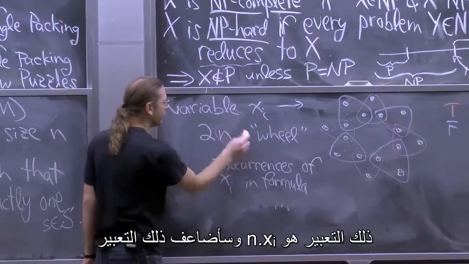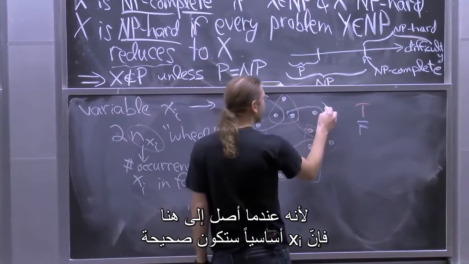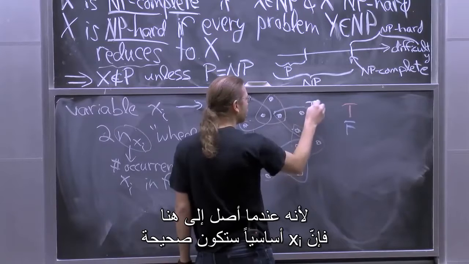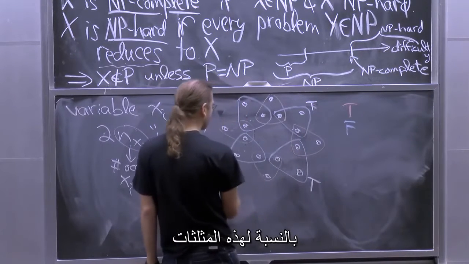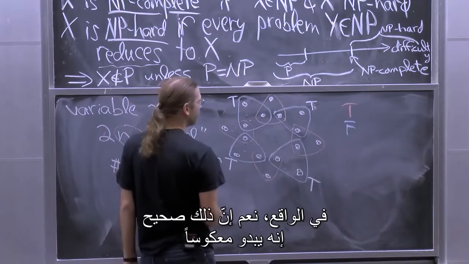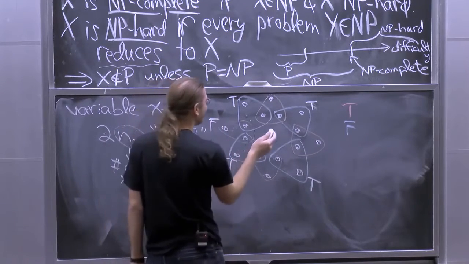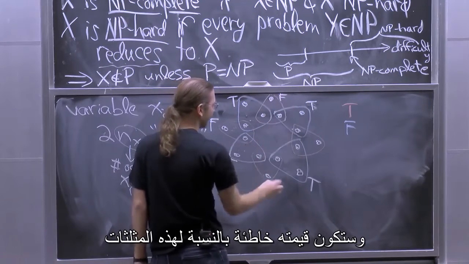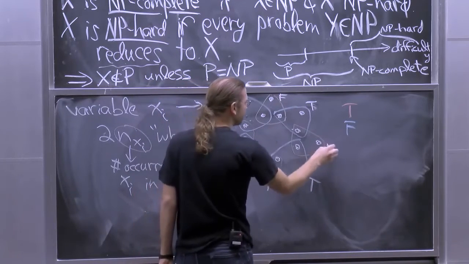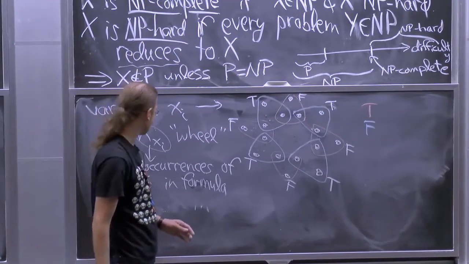That's nxi. I'm going to double that, because what I get over here is basically xi being true for those guys. Actually, yeah, that's actually right. It looks backwards. And false for these guys. One way or the other. We'll figure it out.